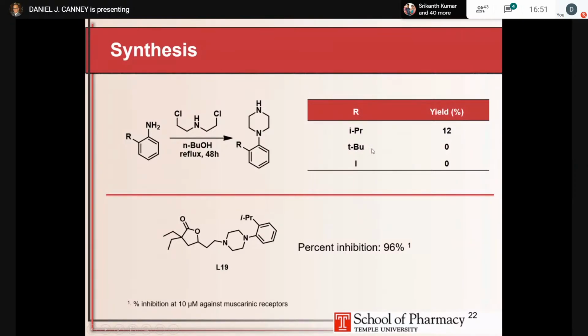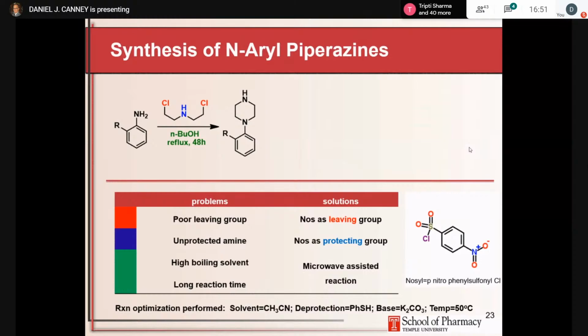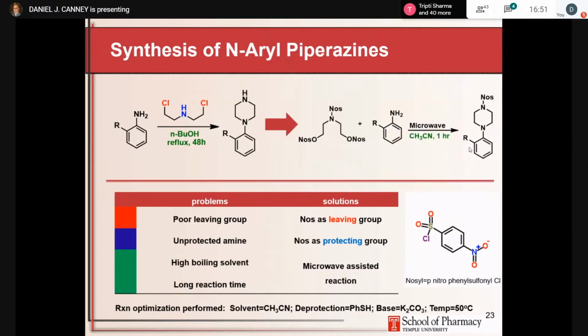When he tried to make the T-butyl and the iodo derivatives, he wasn't able to get any of the desired compound. So Rong set out to improve this process, and he did a really excellent job in doing so. He evaluated the reaction that was giving us the poor yields, and worked on ways of solving some of the problems.